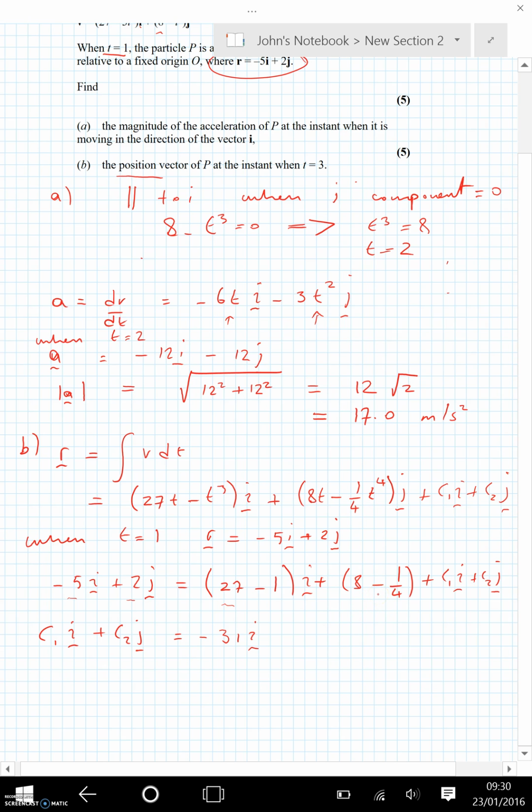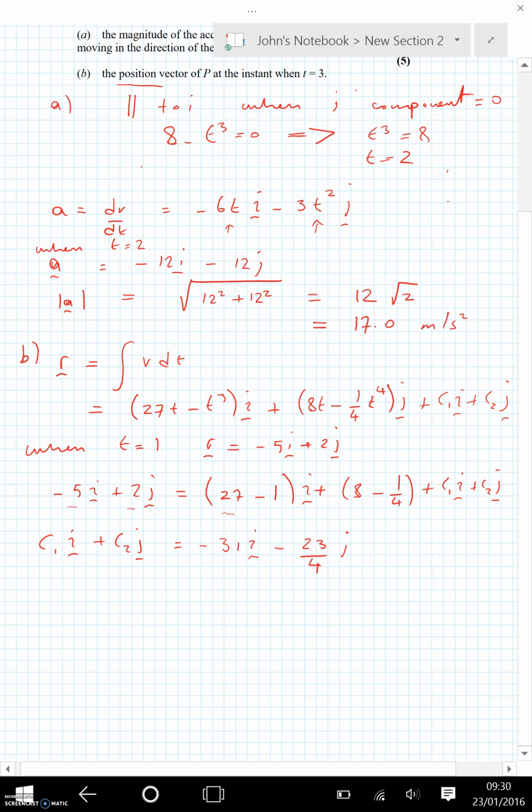So I'm taking away 7 3/4, which effectively means minus 5 3/4, but we don't like top heavy fractions. So that's minus 23 over 4 j. So now we can write our general position vector with our constants in. Might as well incorporate them into our i and j bits now.